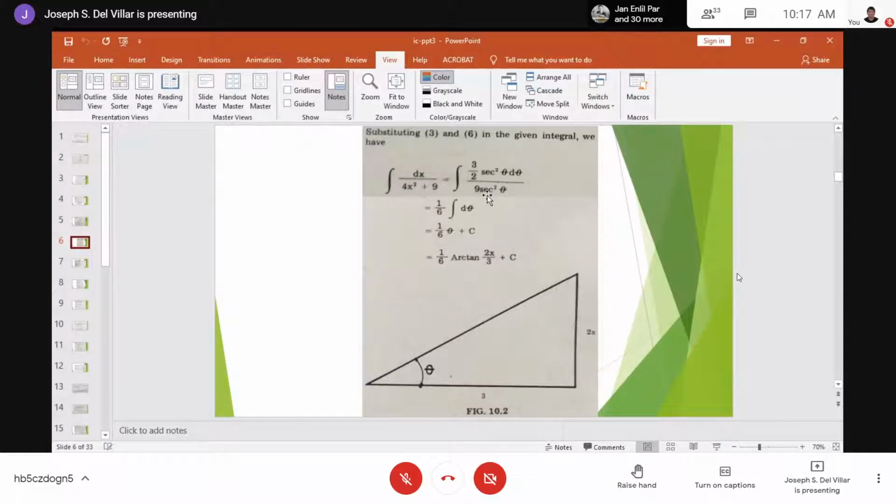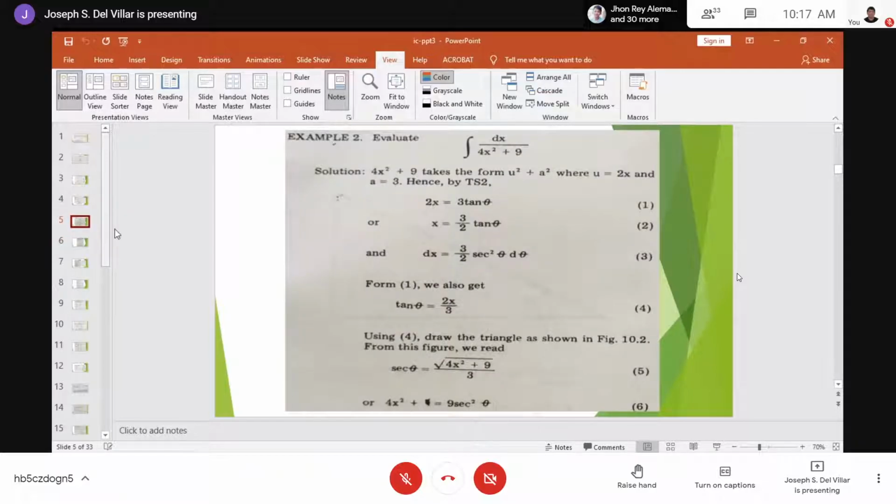But that's not yet the final answer. Wala naman tayong theta sa given. So we represent that, or we get the transformation of that dun sa mayroong x. No? So how are you going to solve for theta? Okay?